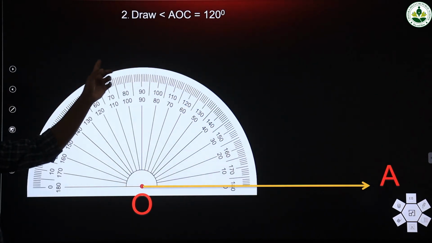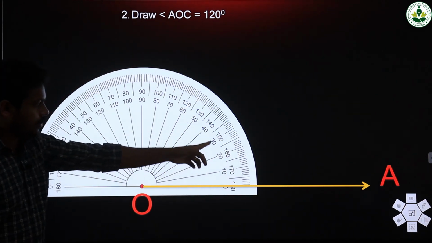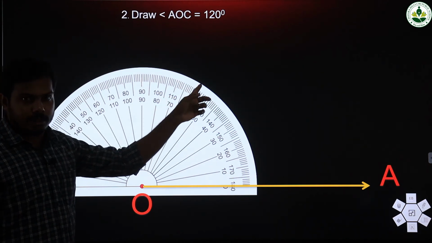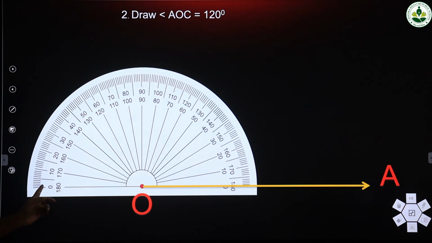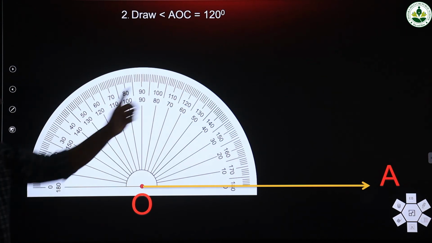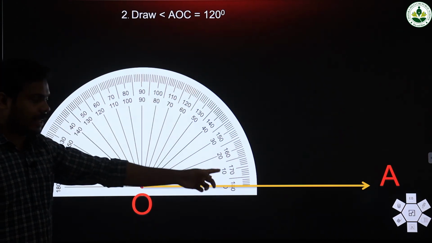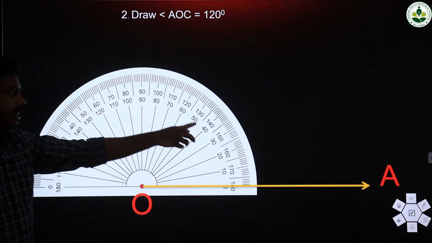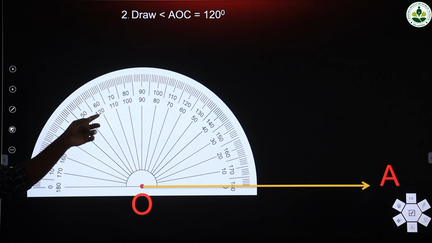Here we can see another 120, but it starts from here. We are not considering this 120, we are only considering the inner scale: 10, 20, 30, 40, 50, 60, 70, 80 up to 120. Here is the 120.